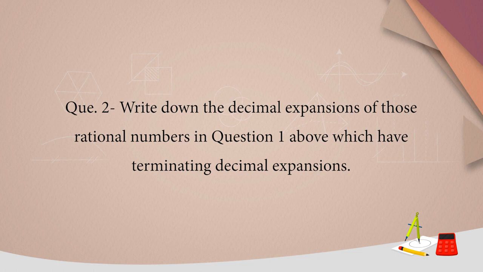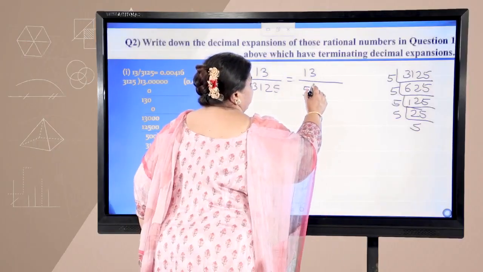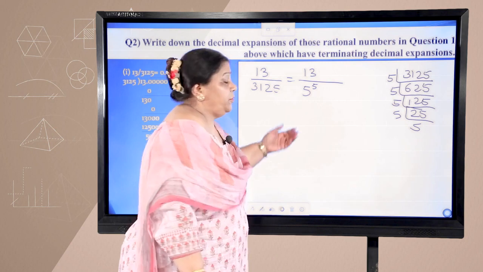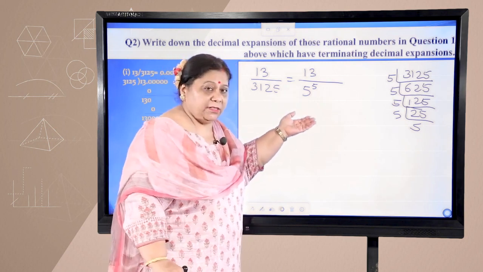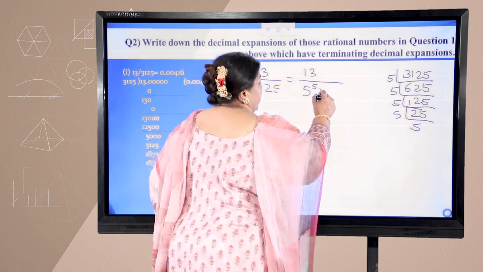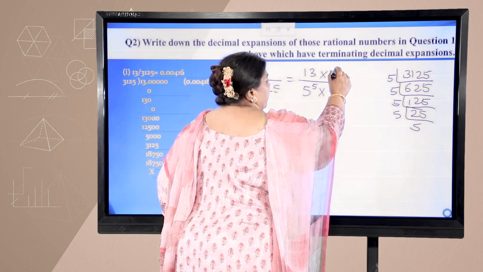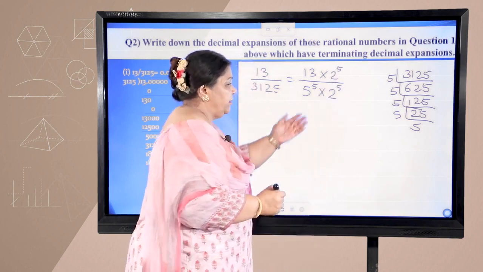No, I am sorry, it is 5 to the power 5. Now, I told you we will try to convert the denominator into powers of 10. So, if I multiply and divide by 2 to the power 5, I get the denominator as powers of 10.